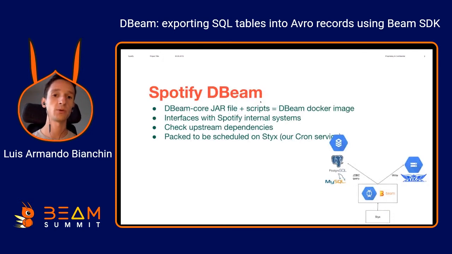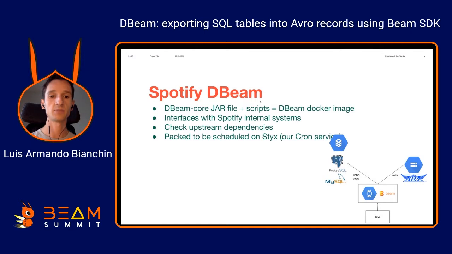But in Spotify, we also take the DBeam core open source jar file. We also pack it with some scripts, and we build a Docker image for DBeam, and this interfaces with the internal Spotify systems. It also checks for upstream dependencies and publishes the data into our internal system.